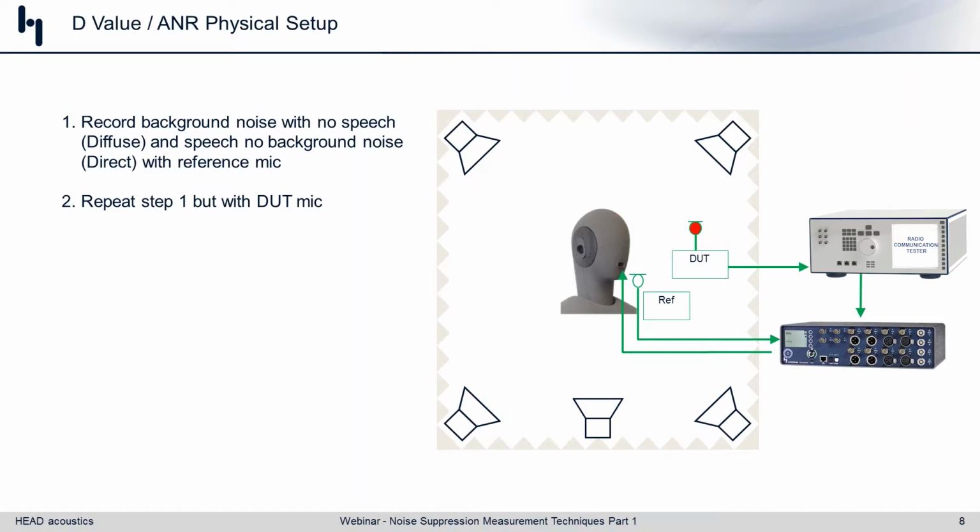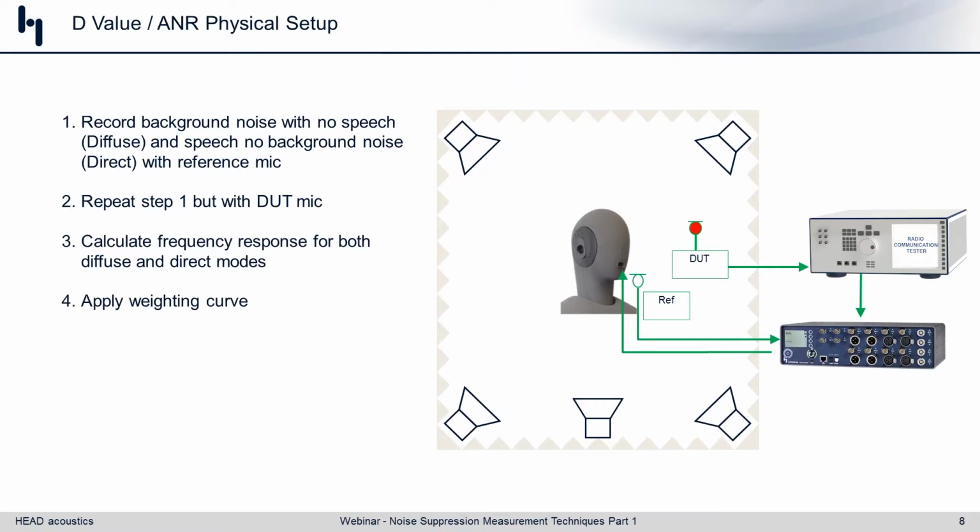Then we repeat the exact same step, but we now use the device under test, a mobile phone, for instance. Once we calculate the frequency responses for both diffuse and direct modes, we can apply our weighting curves and sum up our power bands to get our final values.